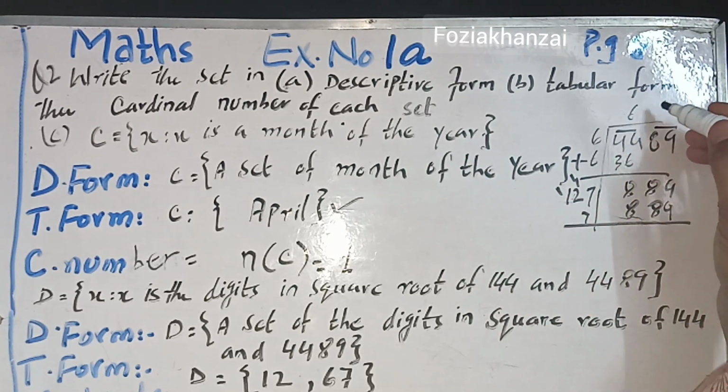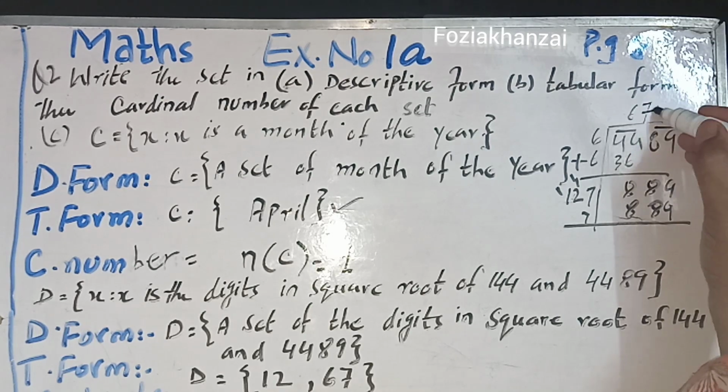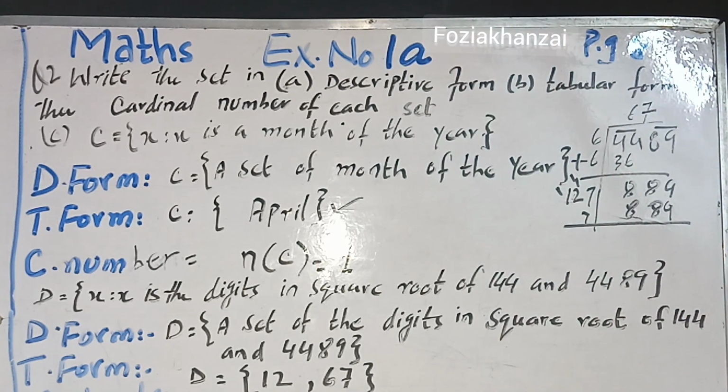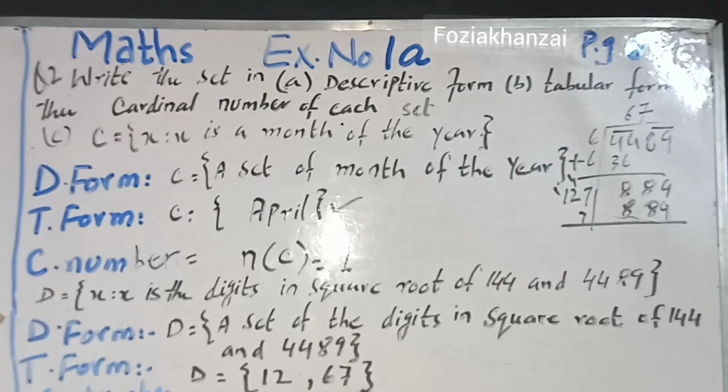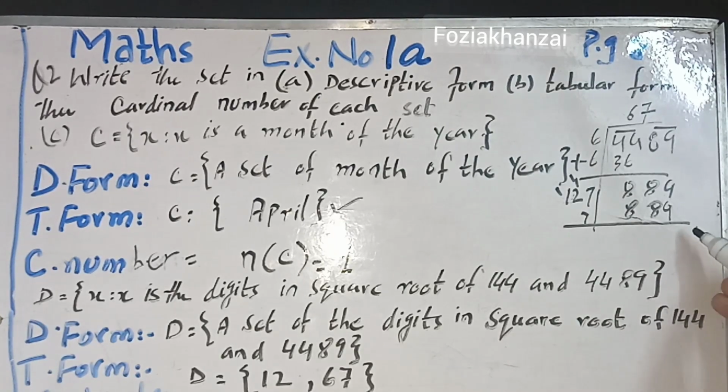It's completely divided. It's a complete perfect square. So the square root of 4489 is 67. The square root of 144 is 12 and the square root of 4489 is 67. No remainder is left, the remainder is 0. It means it's a complete perfect square.